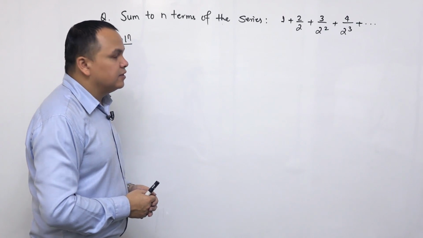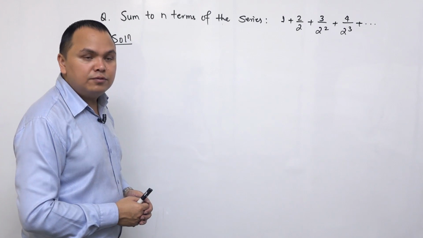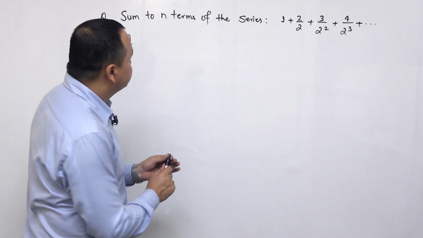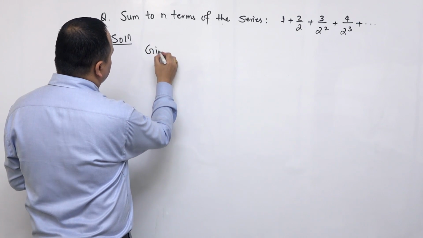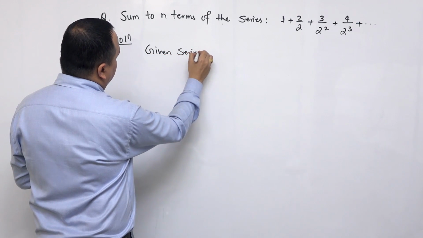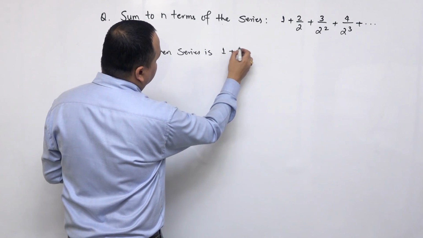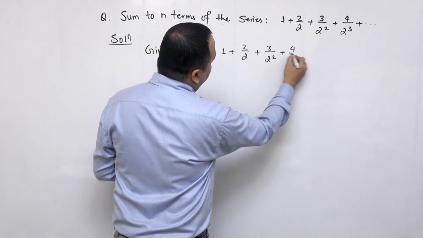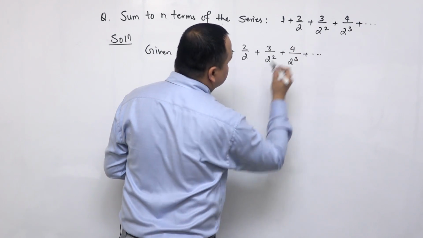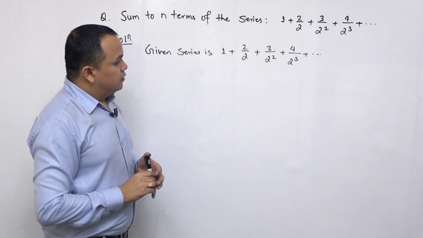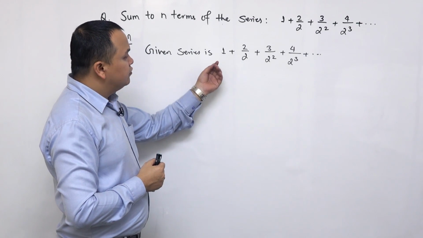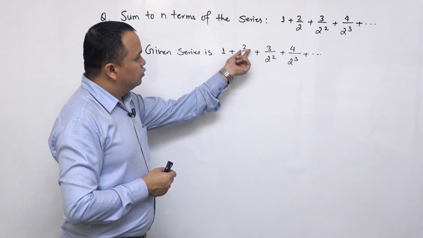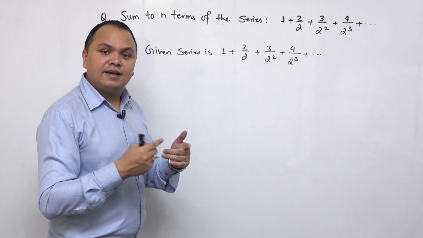Sum to n terms of the series 1 plus 2 upon 2 plus 3 upon 2 square plus 4 upon 2 cube plus dot dot dot. Given series is 1 plus 2 by 2, 3 by 2 square plus 4 by 2 cube plus dot dot dot. Clearly, if we take only the numerator part 1, 2, 3, 4, they are in AP.